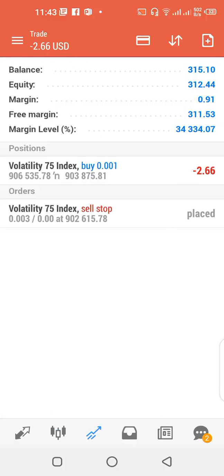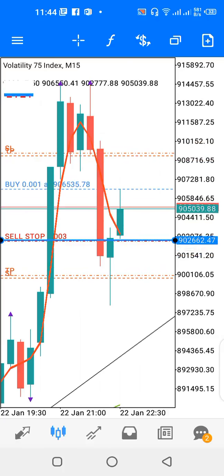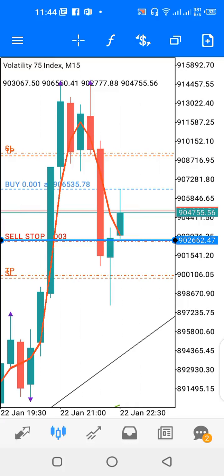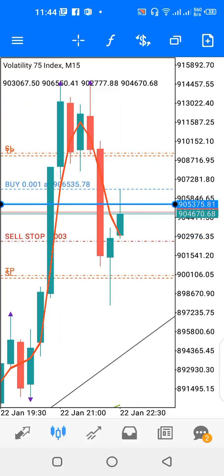So the next buy stop, which I'll be placing around here, in case this sell stop gets triggered, will be 0.008. And if that also gets triggered and my positions are not closed, then I'll place the last pending order, which will be 0.024. From there I should be able to know where price will eventually head to.